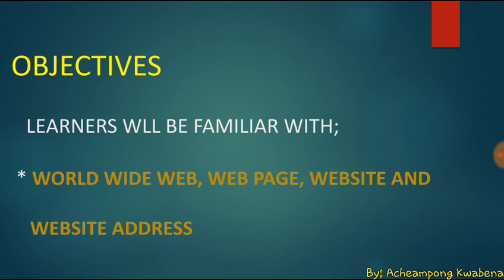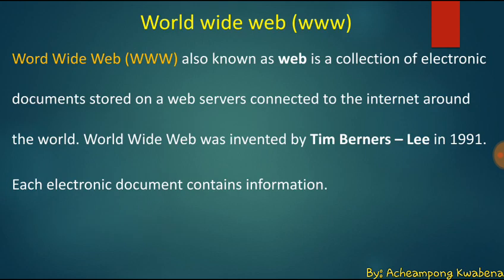Now, I hope some of you are familiar with what a World Wide Web is. When you talk of a World Wide Web, that's WWW, which is also known as the web. It's a collection of electronic documents stored on a web server or web servers connected to the internet around the world.